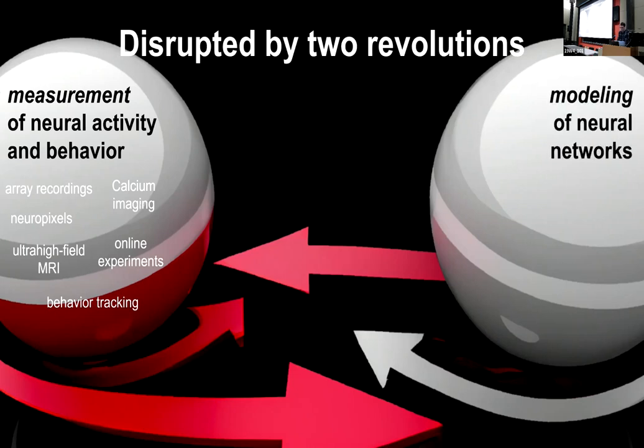And the other revolution is, of course, the modeling of biological brain information processing with neural networks. That's thanks to the advances in hardware and software associated with the deep learning revolution. So now we can scale up our models of brain information processing to real world cognitive challenges. And that's totally new. So what does this mean?